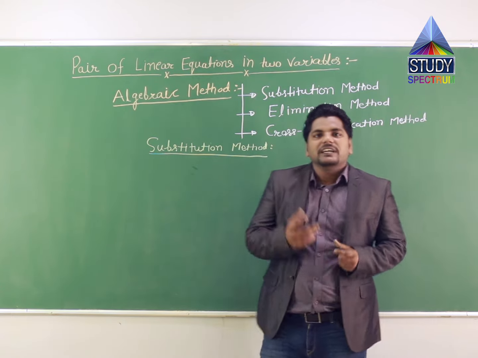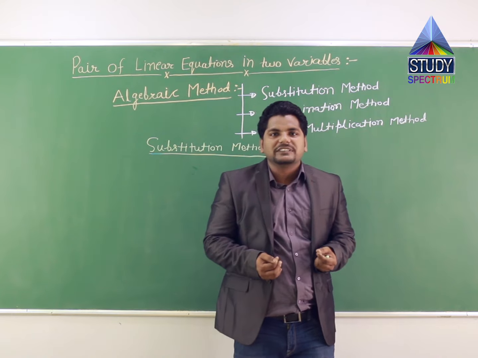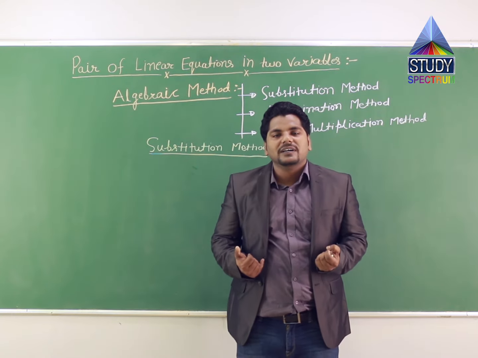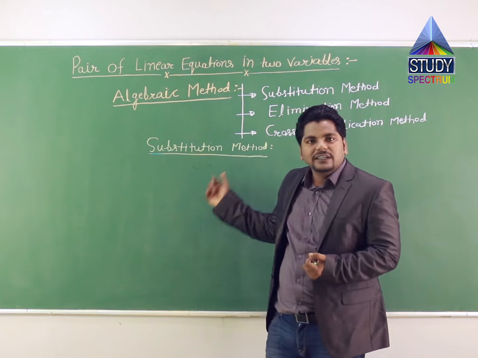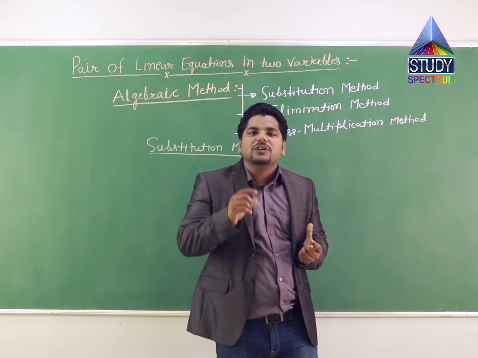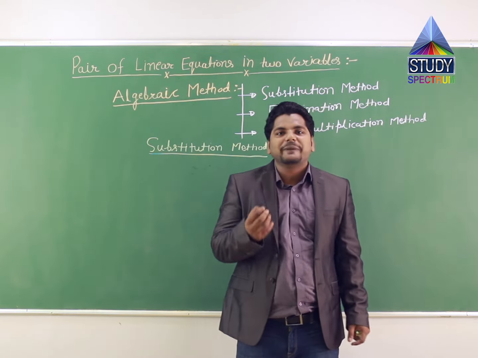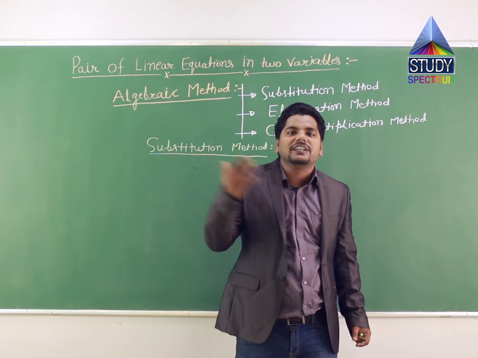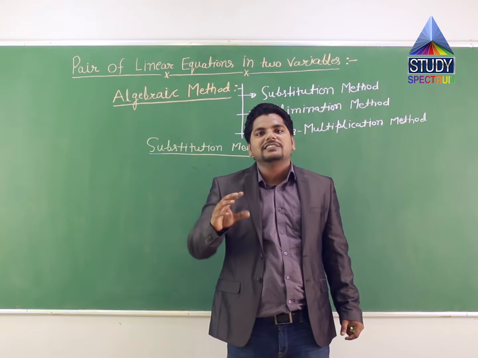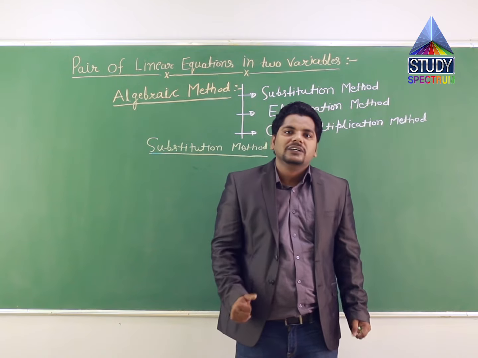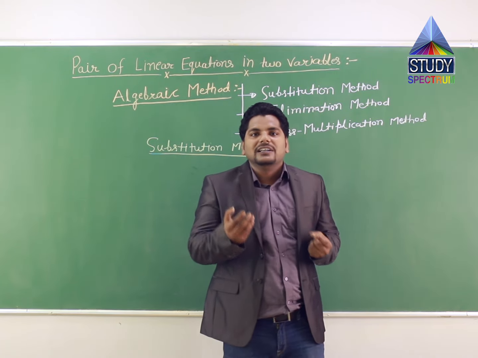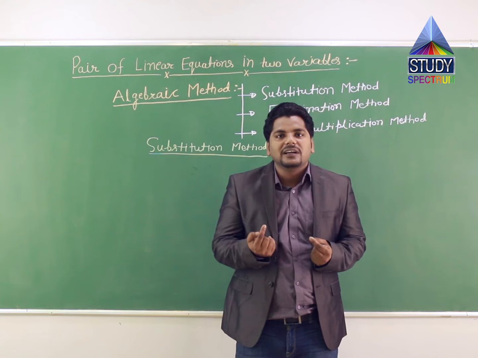Okay. We have two linear equations and we have to solve. What we do in substitution method, we pick one of the linear equations and express either of the variables in terms of the other variable and substitute in the second equation so that we get a linear equation in one variable.